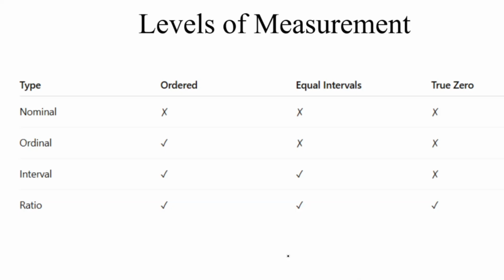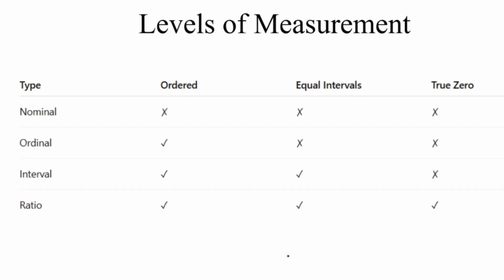Interval data has order, okay? It has equal interval and it doesn't have true zero. So it's like years, days, months, temperature. It doesn't have true zero because 0 Celsius doesn't mean it doesn't have temperature. 0 Celsius is a temperature.